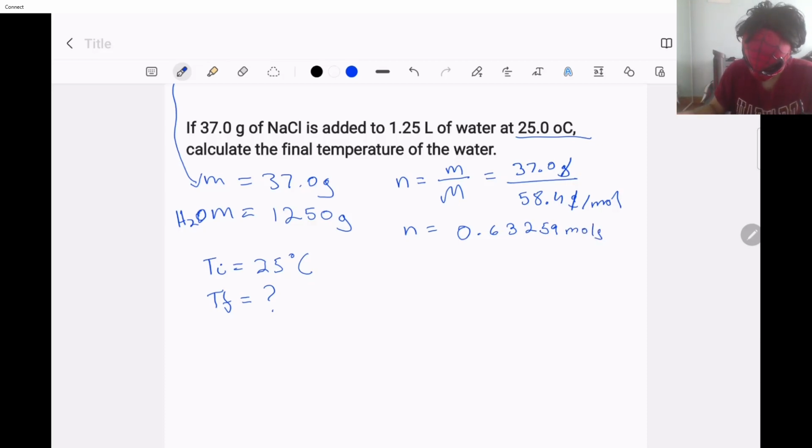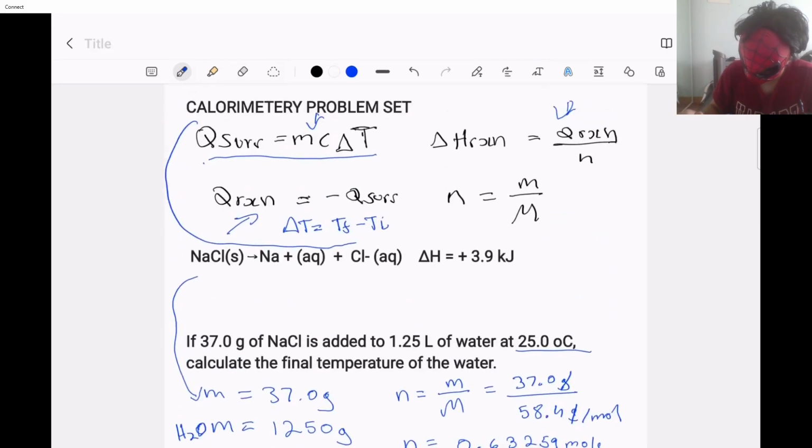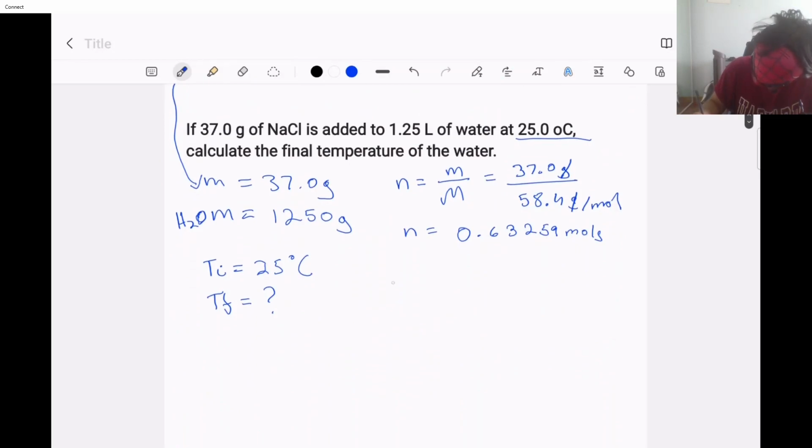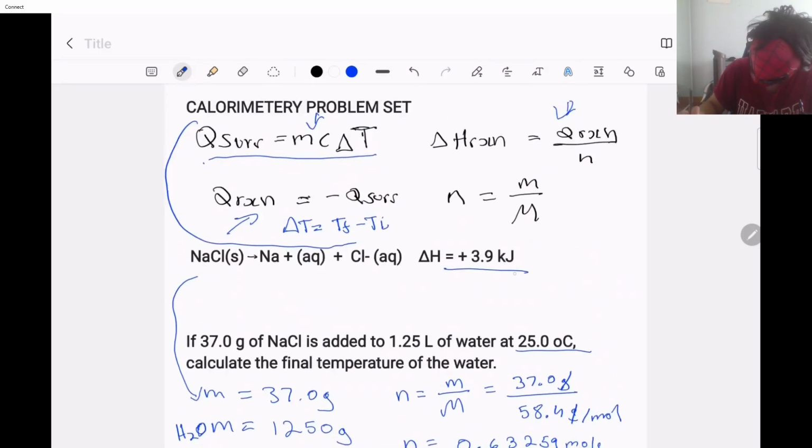Now we know the number of moles. With this information, we can find Q reaction by isolating for Q reaction. So the isolated version of the formula is this: Q reaction is equal to H reaction times the number of moles. The H reaction is 3.9 kilojoules.